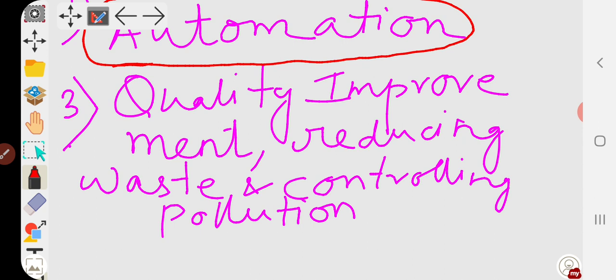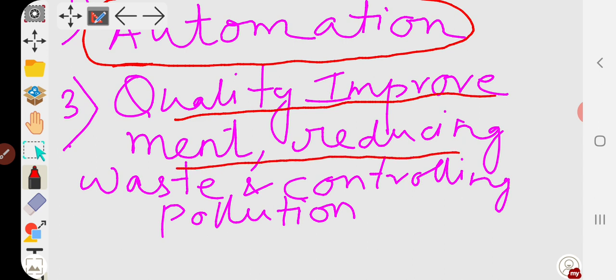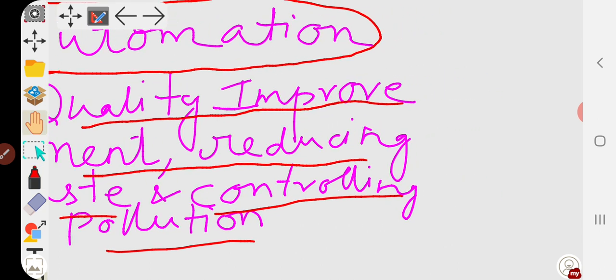Now, the third one is related to technological innovation. Technological innovation means new technology is to be introduced. Why? Because when we use the word industry or manufacturing sector, that means huge production is there. But what are some drawbacks of it? It creates lots of pollution, it creates lots of waste products.